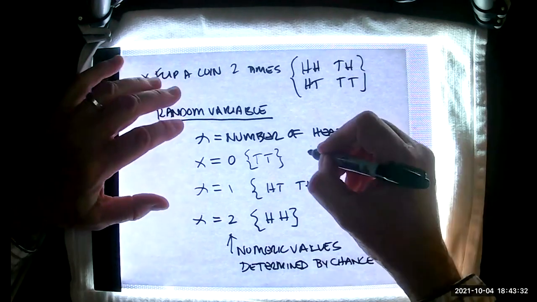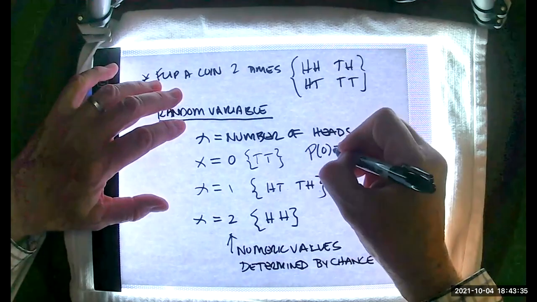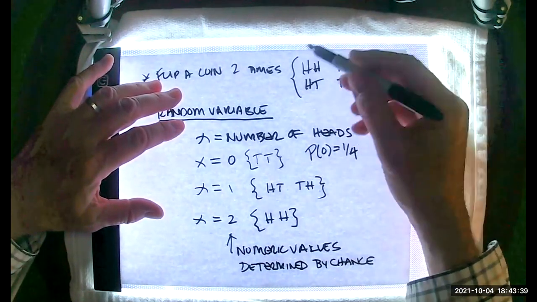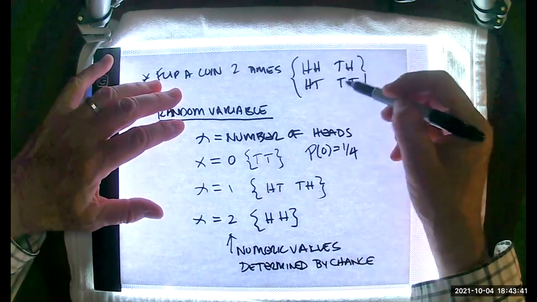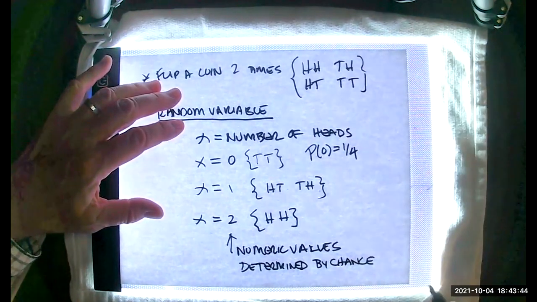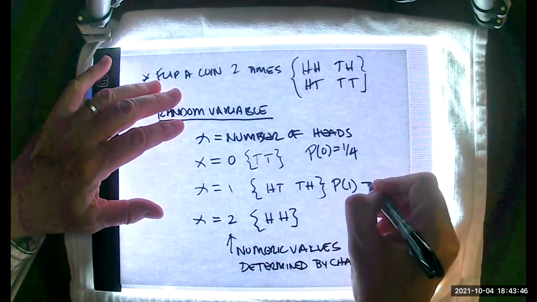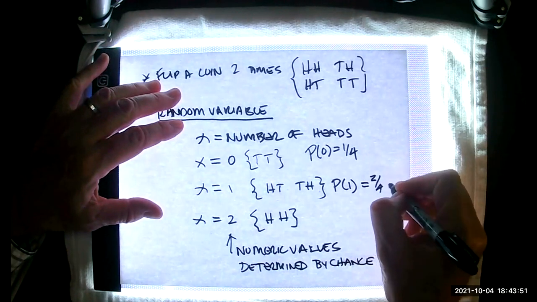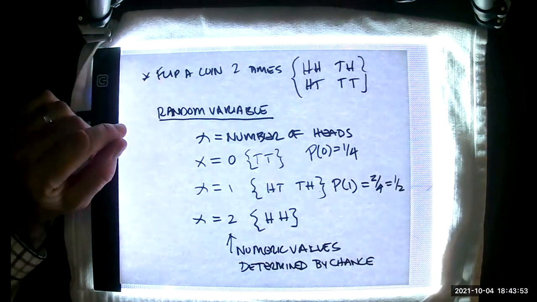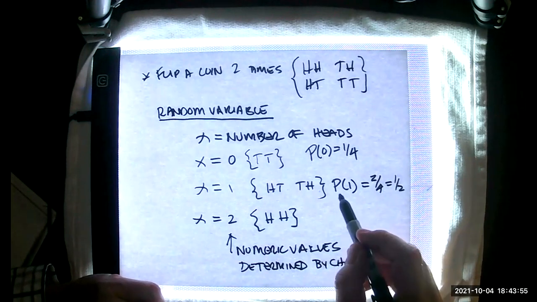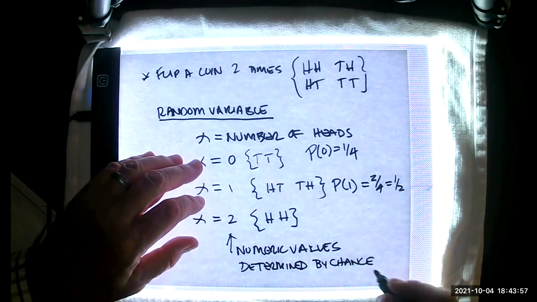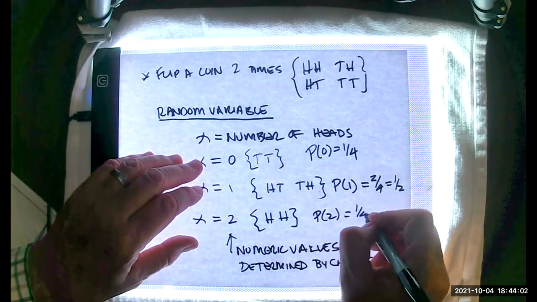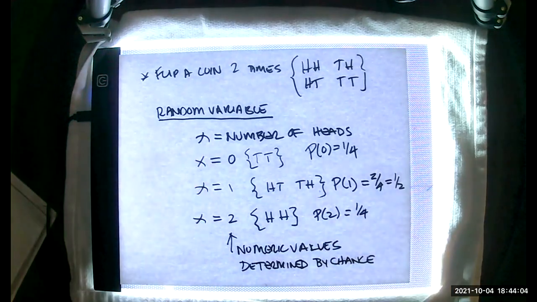For example, the probability of 0 heads is 1 out of 4 possibilities. I'm taking that directly from my sample space. There's two different ways out of the 4 to get one head, so it's got a probability of 1/2. And finally, to get 2 heads, again, it's 1 out of 4.